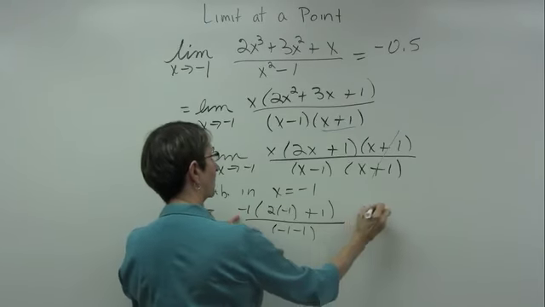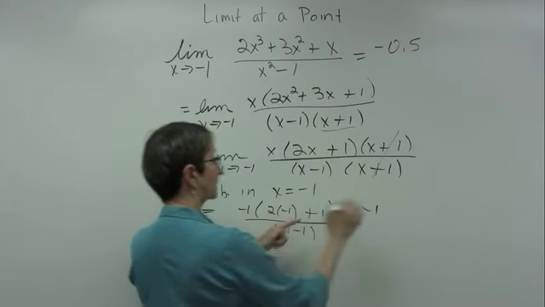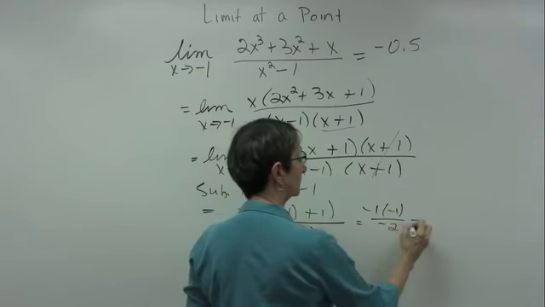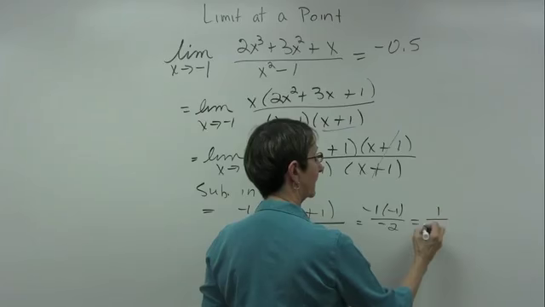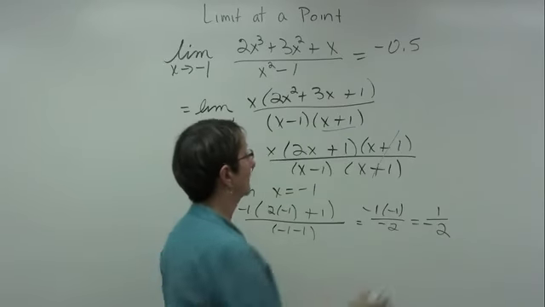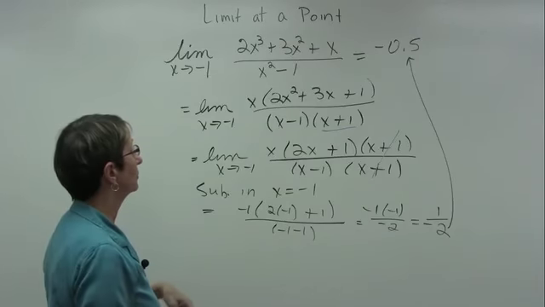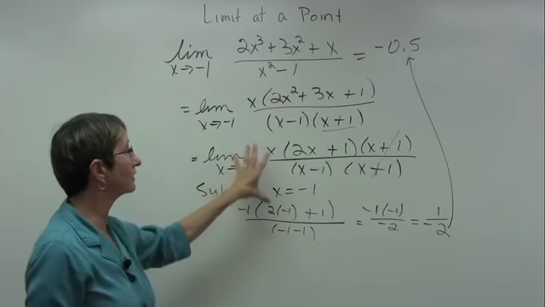So I have negative 1 times negative 2 plus 1 is another negative 1 over negative 2. My limit is 1 over negative 2 is a negative 1/2. Oh yeah, negative 0.5.